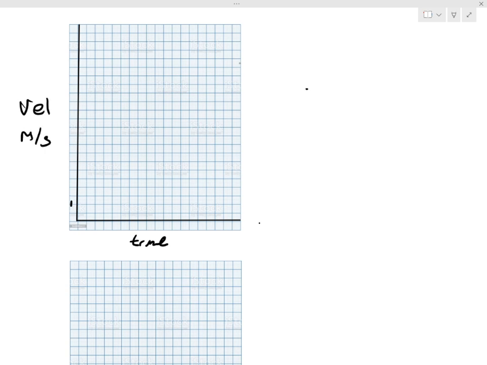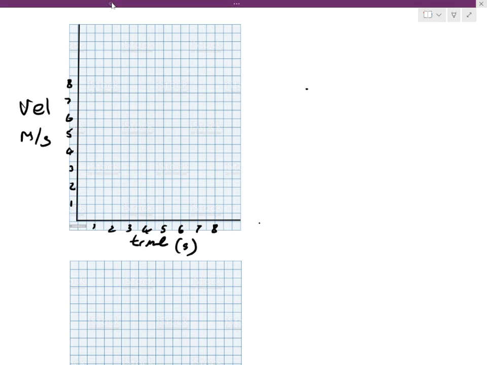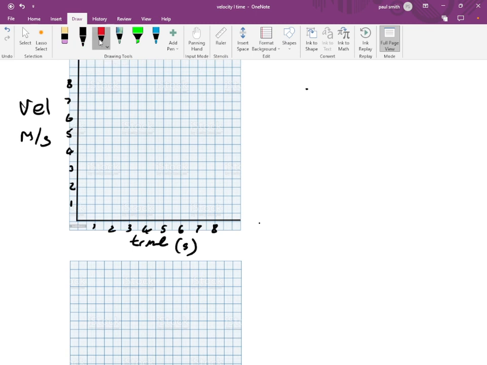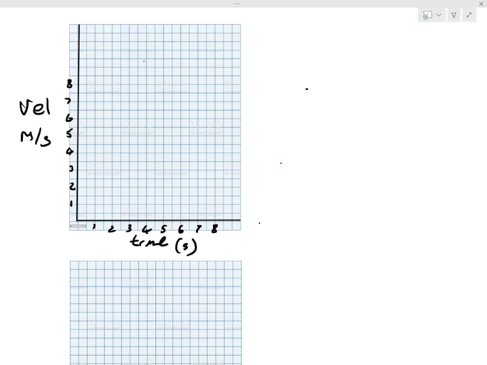So we're going to go 1, 2, 3, 4, 5, 6, 7, 8, and 1, 2, 3, 4, 5, 6, 7, 8, and the time is in seconds. Of course, the numbers I'm putting on the side are a bit simple, so look out for this.